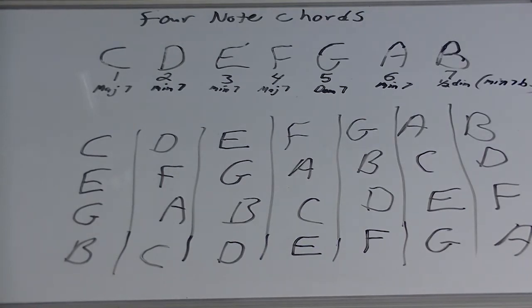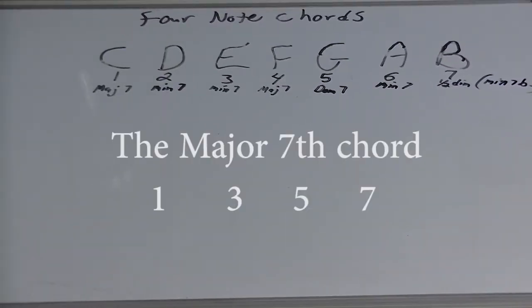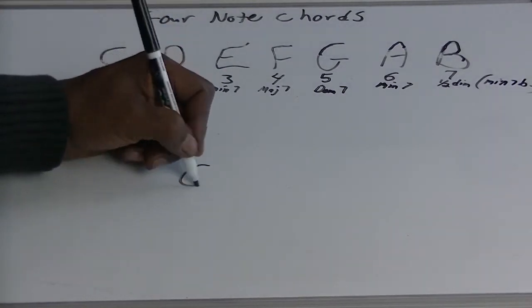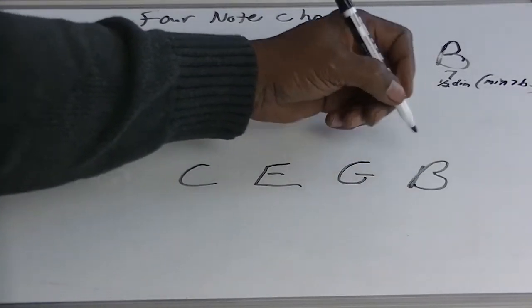So now we have a series of chords, and I think we should probably take a closer look at these chords. So the first chord I want to look at is the C major 7th chord. So I'm just going to write out the notes of the chord. We have C, E, G, and B.